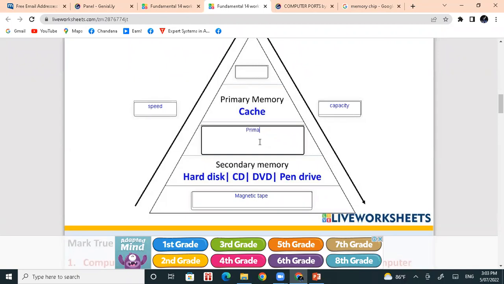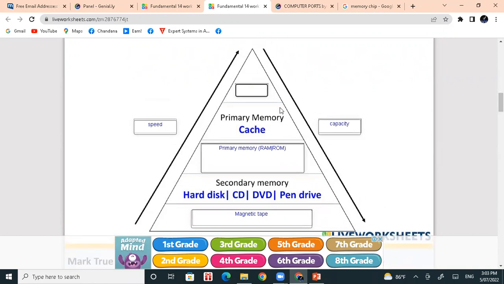Primary memory, for example RAM and ROM. Then again primary memory, cache. Then what is the top memory type here? Registers. Right. In that way, we can fill out the blanks in this diagram. That's the end of the discussion, the comparison of memory types.